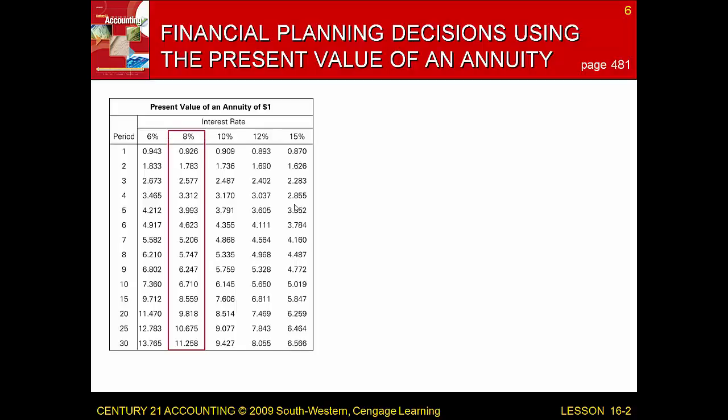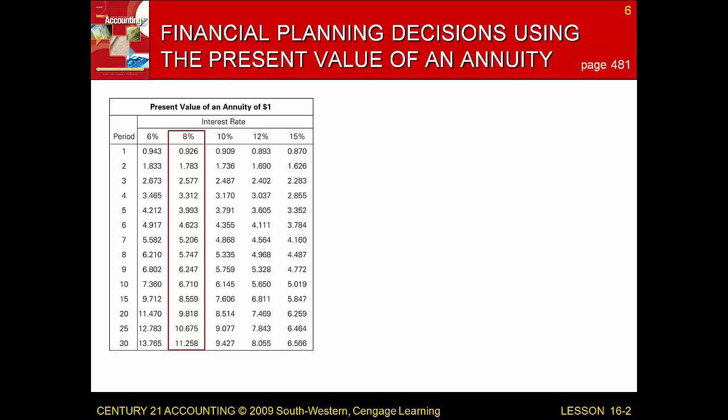So how else can we use these numbers? Basically, financial advisors use the present value of an annuity to assist their clients with financial planning decisions. The most common decision that comes into play is whether or not they have the right amount of money saved before their retirement.